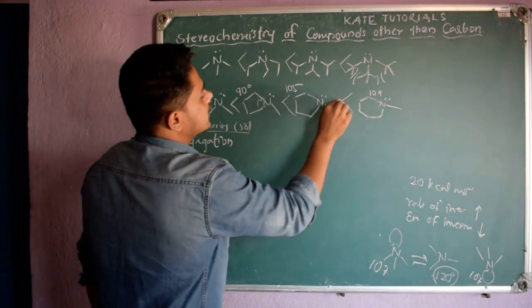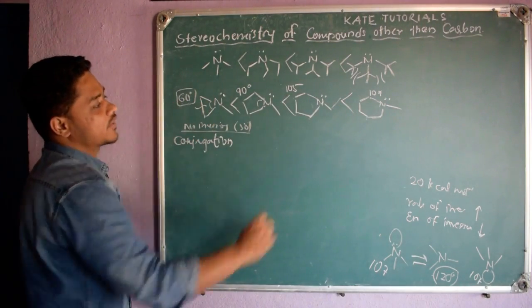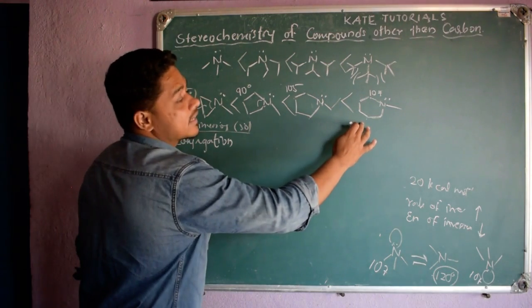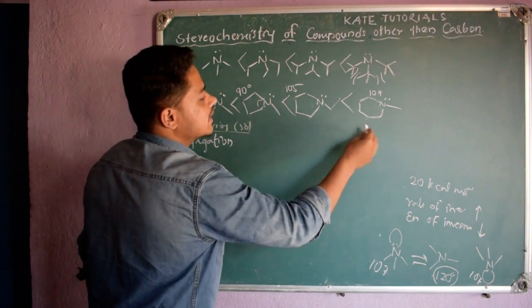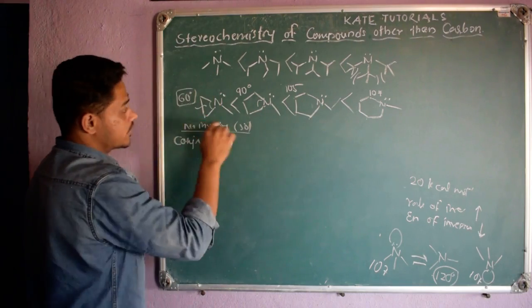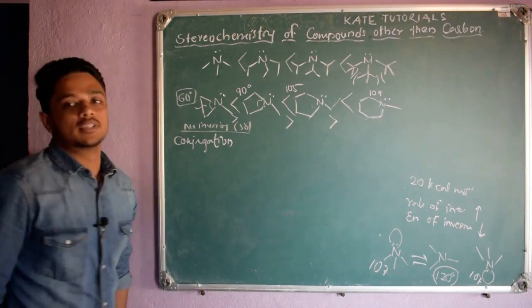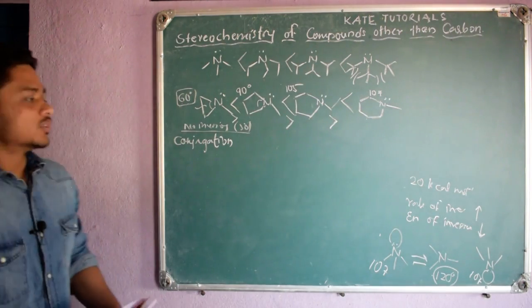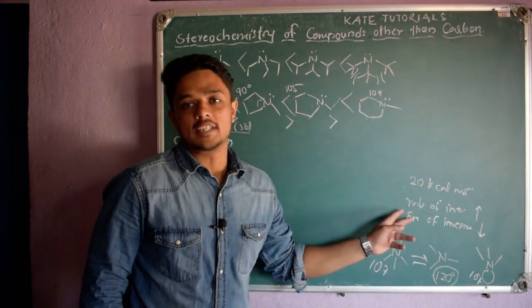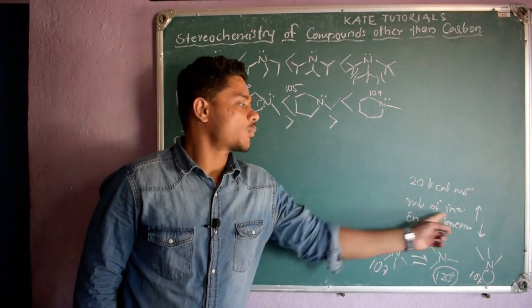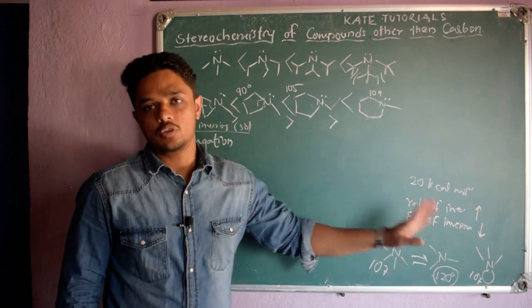The energy will be opposite to the rate of inversion: since it inverts easily, the energy is very, very less. You should know both because they ask you energy; if you remember one, the other is opposite.